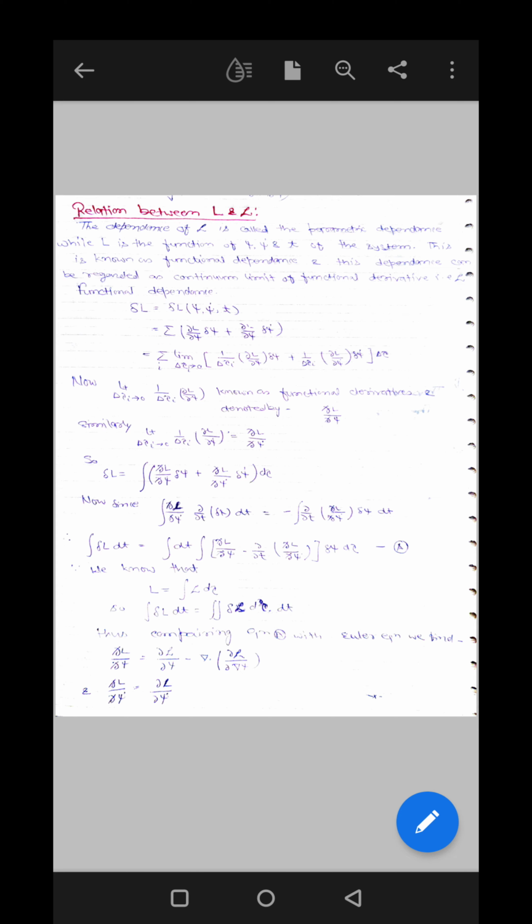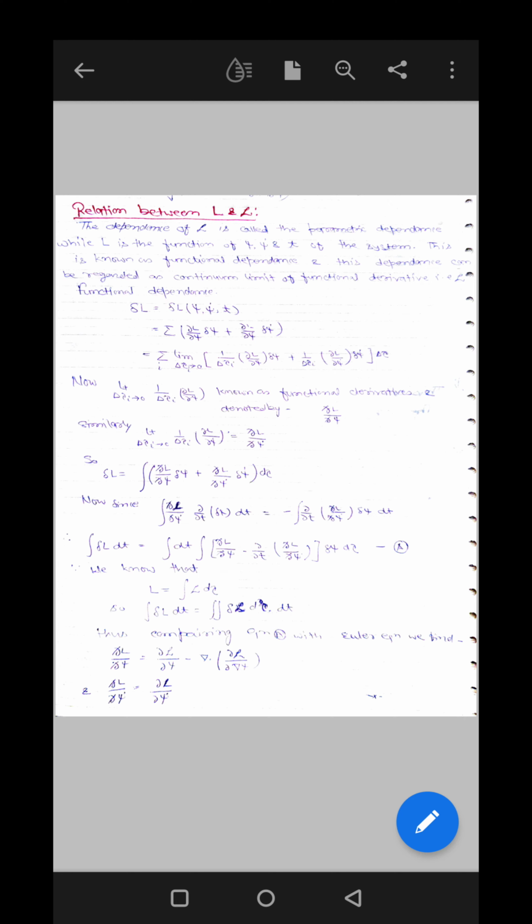So we can write delta L, which will be a function of psi, psi dot and t, equals the summation of delta L over delta psi, delta psi, plus delta L over delta psi dot, delta psi dot.